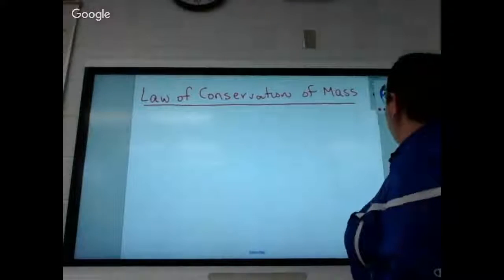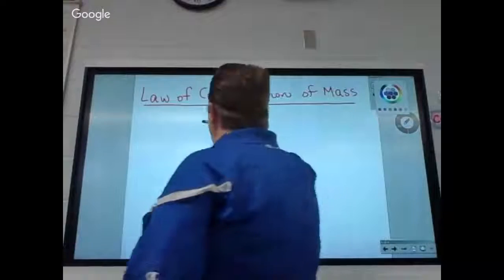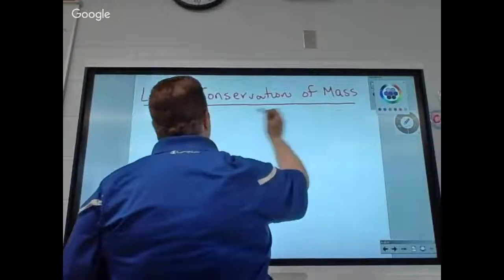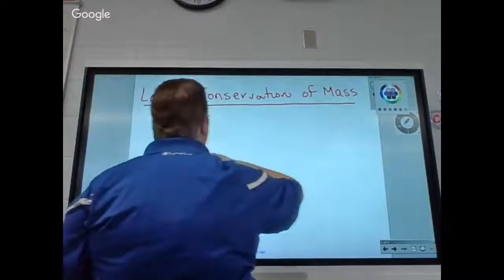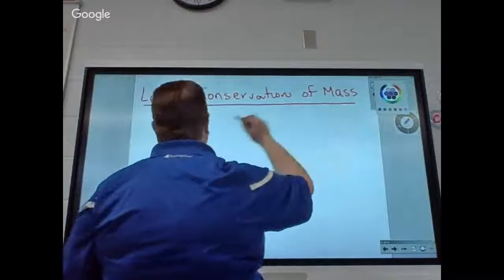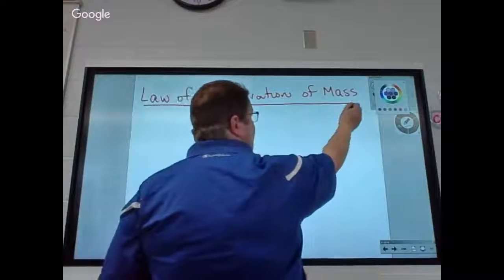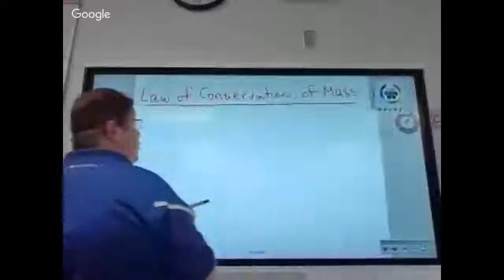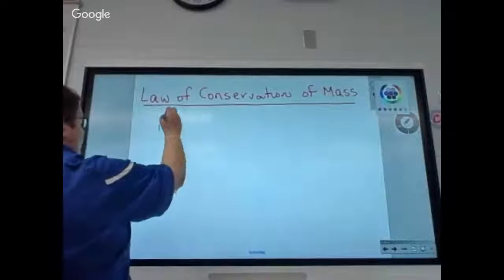All of these laws say the same thing. It could be the law of conservation of matter, the law of conservation of energy, the law of conservation of momentum, the law of conservation of whatever we want to put right there. All you have to change is the first word.